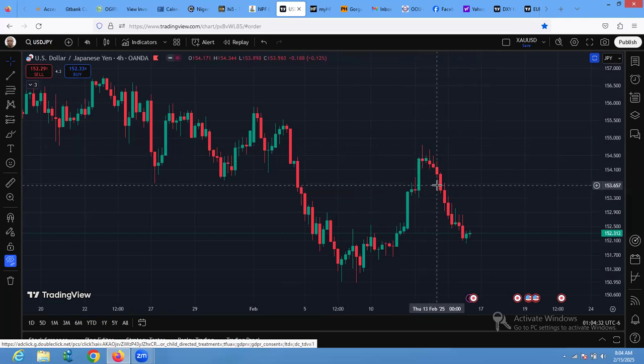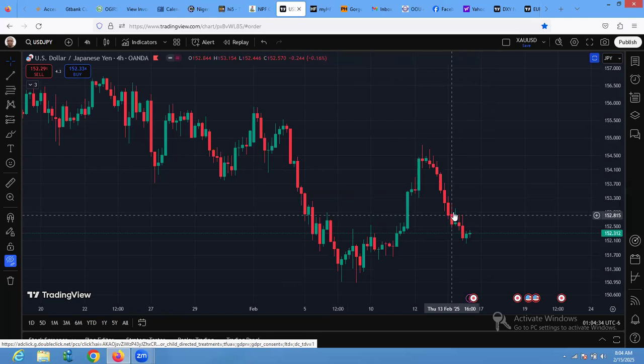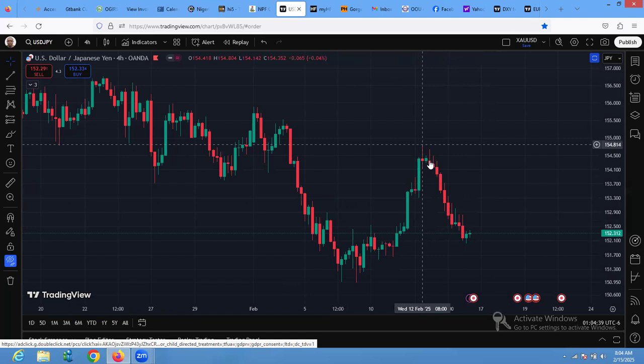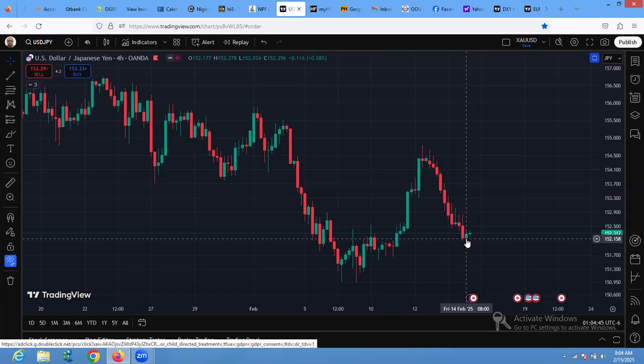But to see this reaction, it came down without giving a proper ABC. Of course, they could do this to correct and begin to push up to break the top. So it's a funny looking correction, which looks impulsive.